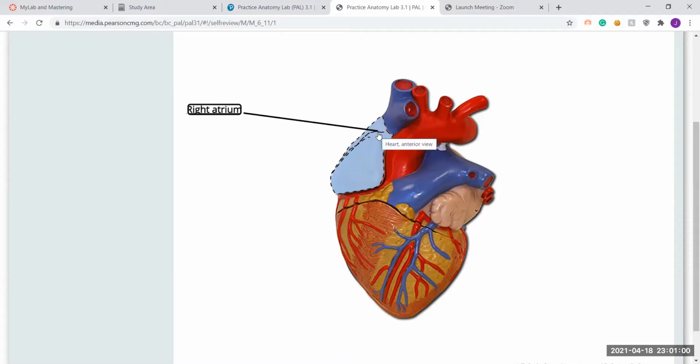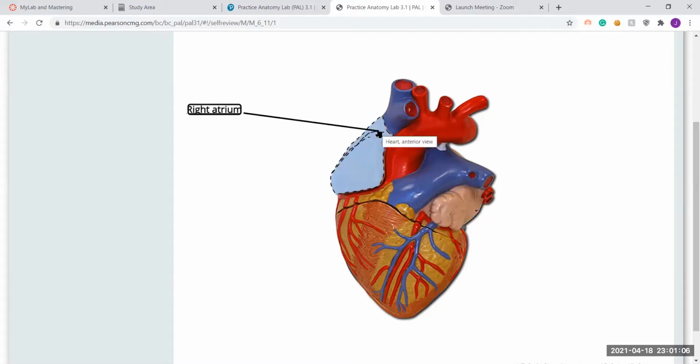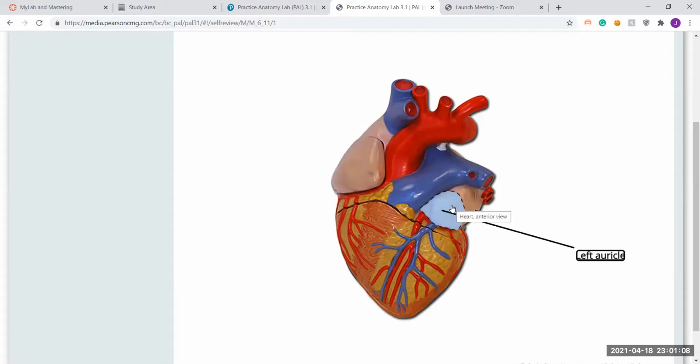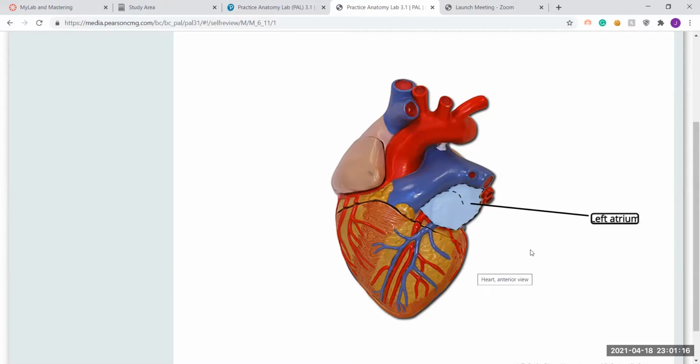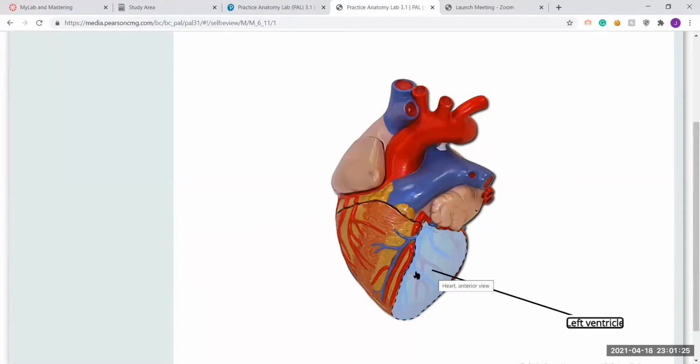So you see the right atrium, right auricle, left atrium, left auricle. And then the lower chambers are called ventricles. So you have the right ventricle and the left ventricle.